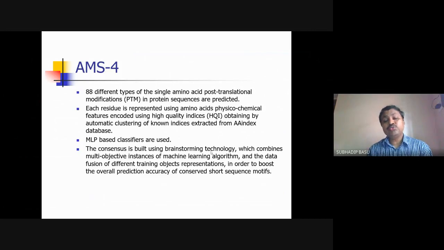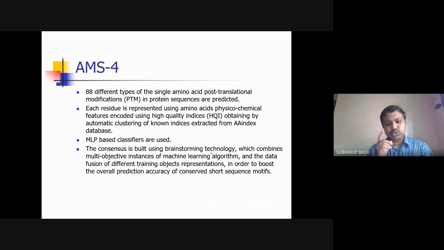But here we are saying that we have a variable consensus scheme. Variable consensus scheme means, in this case you have 5 different classifiers, and you say, okay, I have a cysteine, and only classifier 1 says that it can be modified.